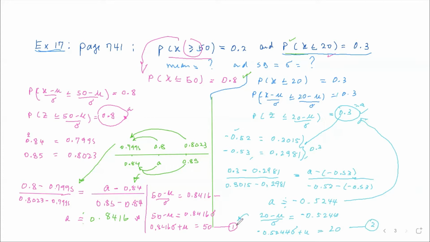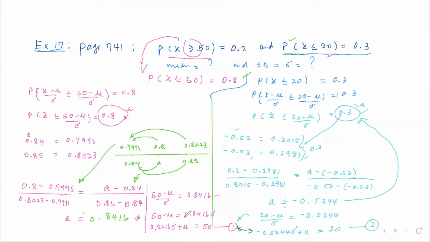Then you use equation 1 and equation 2 to solve for standard deviation and the mu by using substitution. You can use either substitution or elimination, or you can use a matrix by Cramer's rule.